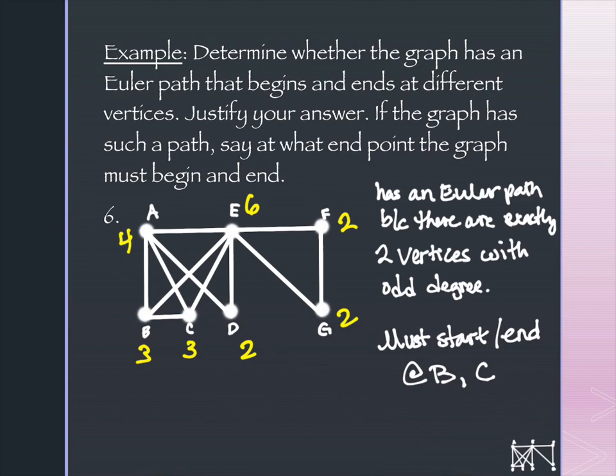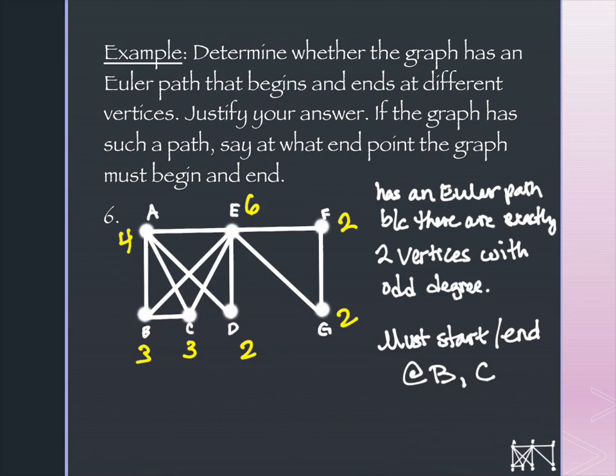B and C are the ones that have odd degree, so it must start and it must end at those points. But finding it would look a lot like doing it for an Euler circuit. You just make sure you start at one of those points. You only cross through an edge if it doesn't create a cut point unless you have no other choices, and you would end at that other point that it lists. So let's do it really quick and find our Euler path for it, even though it doesn't ask for it, just because I want you to see that it does.